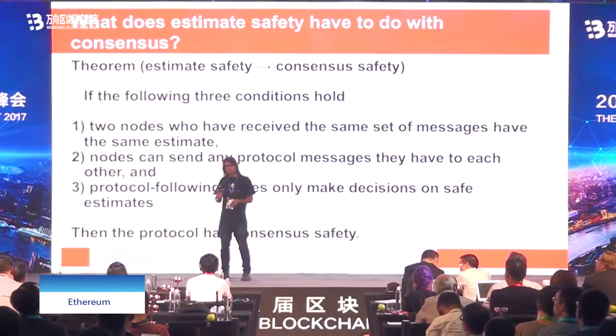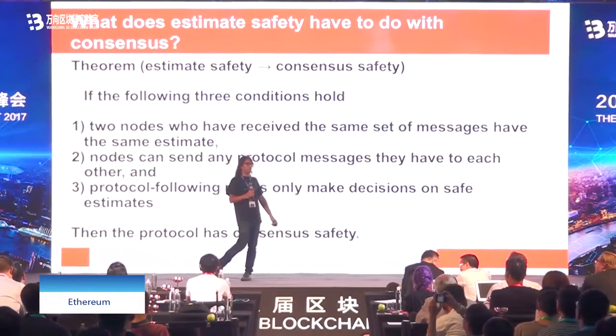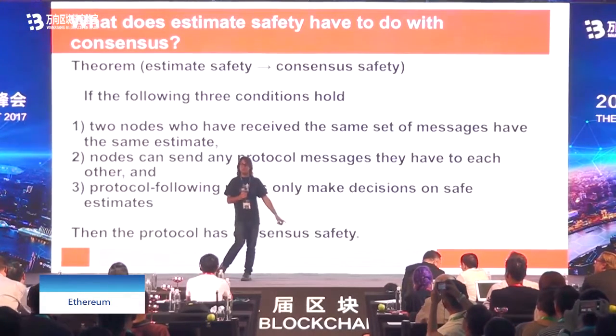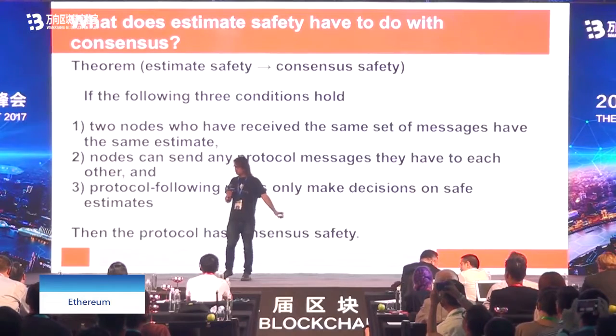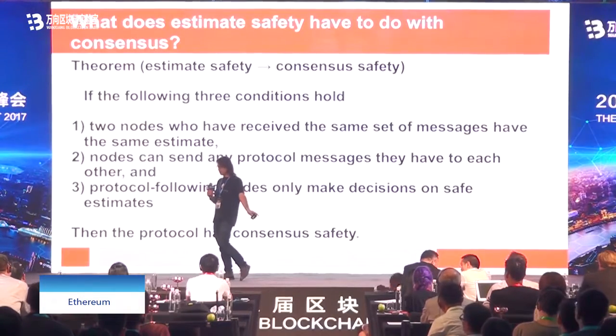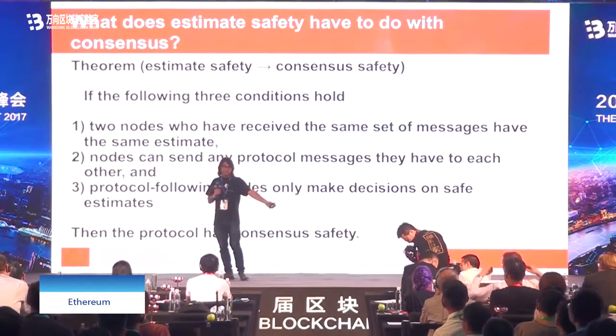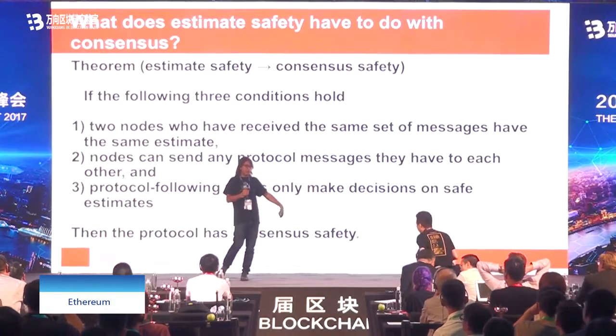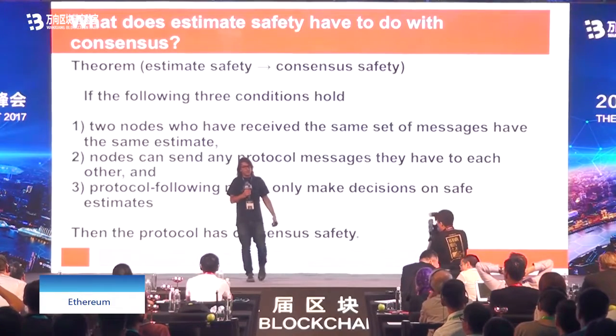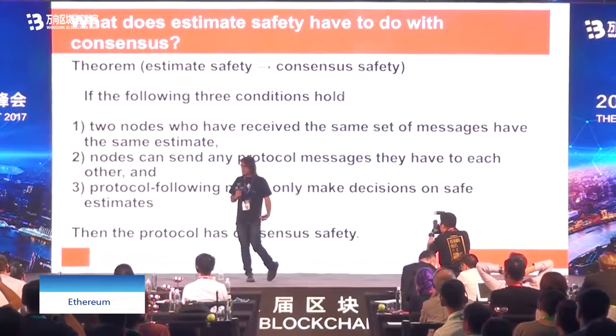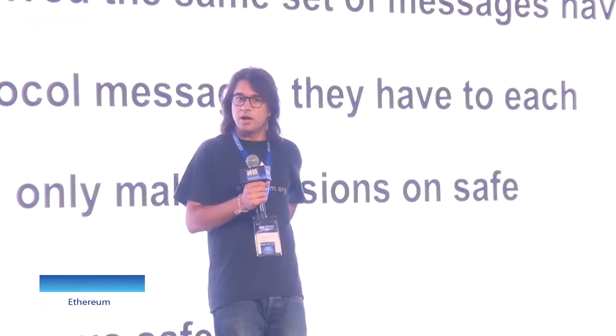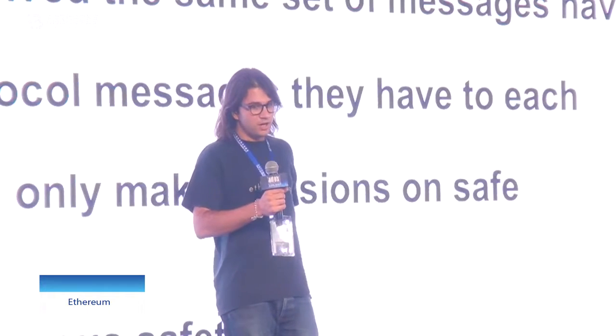And so basically we have this result, where we have a few properties, namely that any 2 nodes will end up with the same set of messages, regardless of the order in which they receive them. If nodes can send each other any messages that they've ever received, and if nodes only ever make decisions on estimates that are safe, then we have a consensus safe protocol.